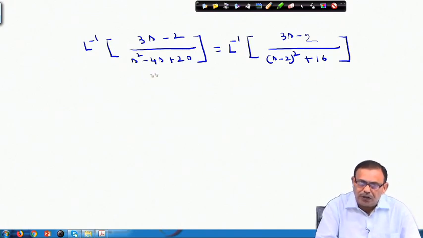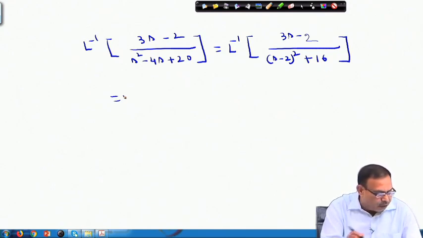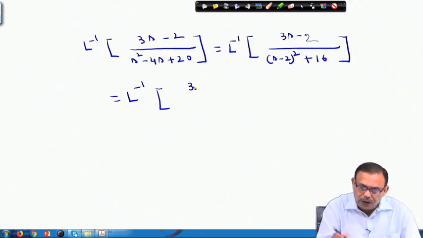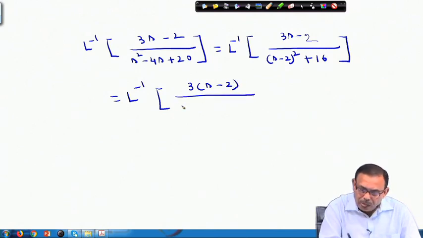For that reason, this denominator we are breaking in the form of s square plus a square, and this equals Laplace inverse of 3 into s minus 2, I can make it here, s minus 2 whole square plus 16.